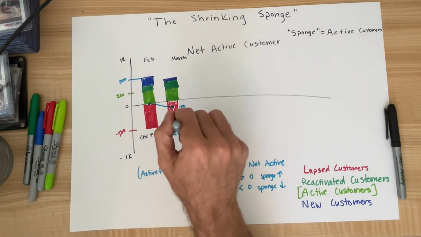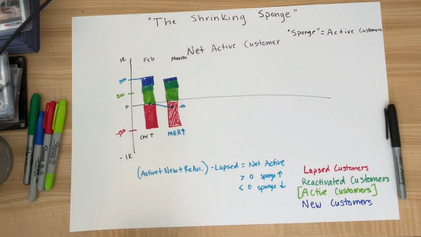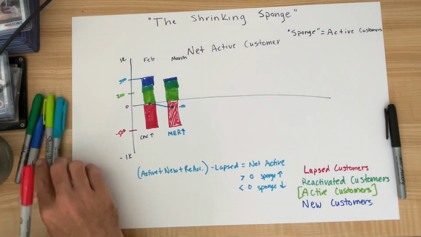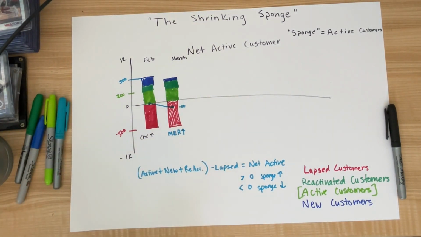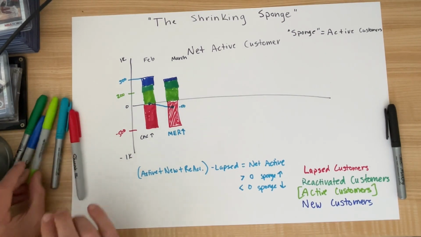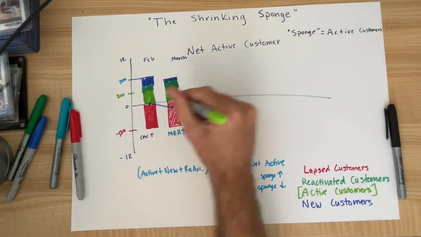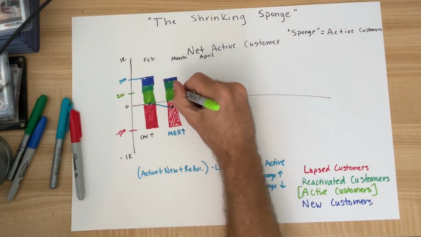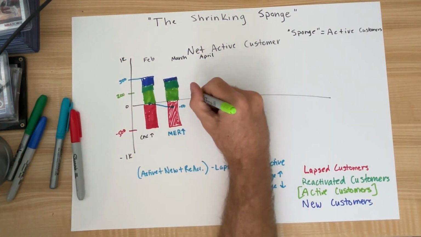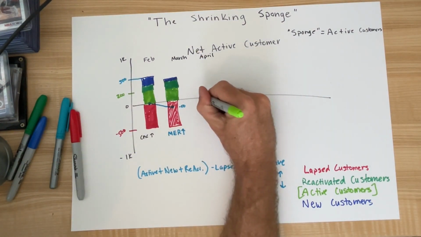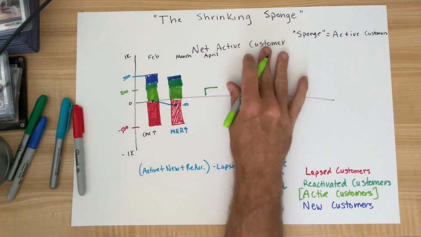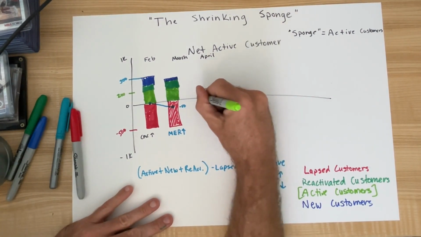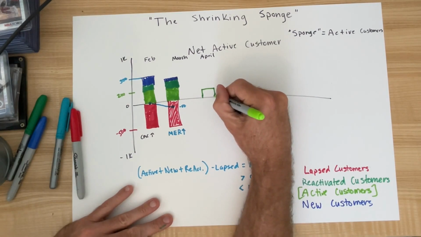Short-term profitability will go up when you reduce the investment in new customer acquisition and squeeze the sponge on the active customers. But now we go forward and we know that the size of our active customers is actually going to be 50 customers smaller, a reduction of my active customer file by 50 customers.